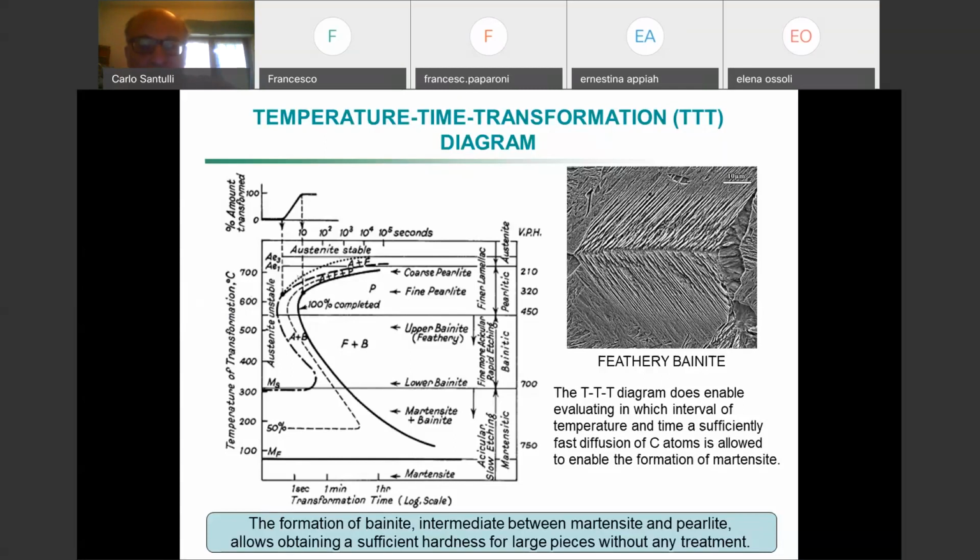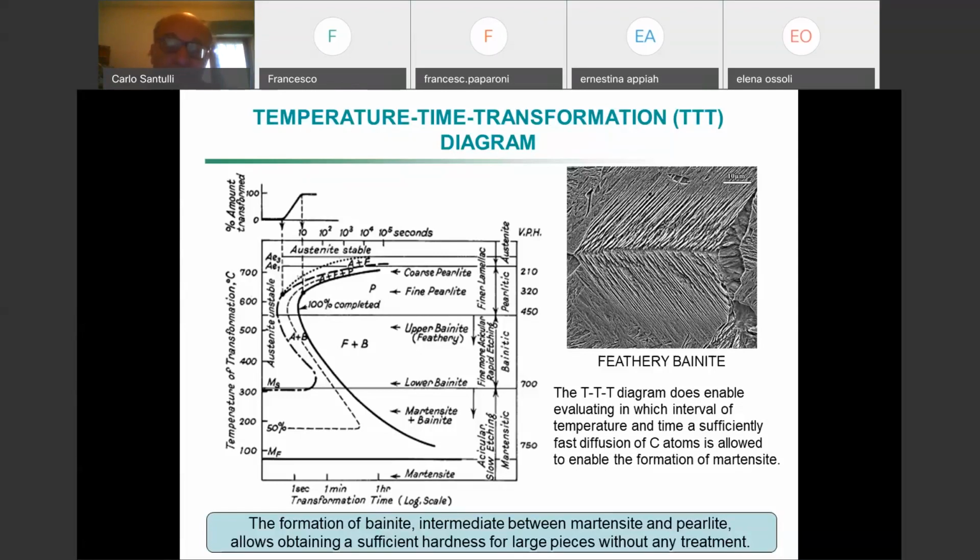If you are particularly fast, it becomes unstable because you don't give it sufficient time, in cooling down, for carbon to diffuse. And since you don't give it sufficient time, it does not diffuse regularly, but instead the material is deformed to take the form of the crystal lattice in the diagonal.